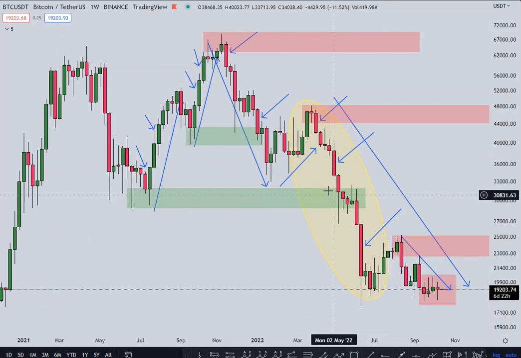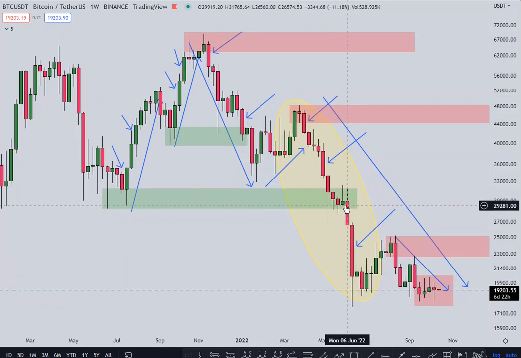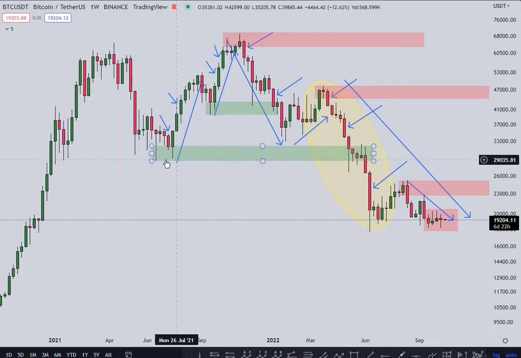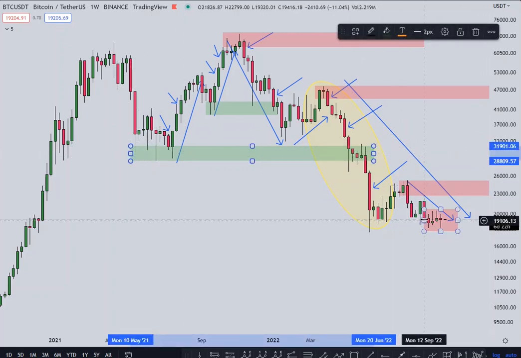When the price approaches these demand zones, you should look for buying opportunities here. But in this case, the market didn't give you any signals to buy from this area, and the selling pressure was so strong here, and it broke this demand area to the downside.